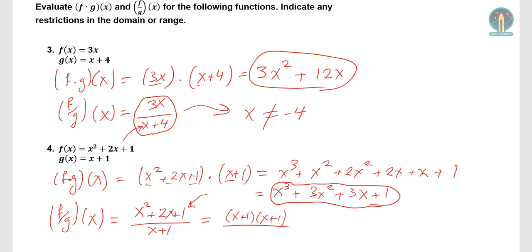Right? Because if we go back from these two factors back here, we end up with x times x is x squared, 1 times 1 is 1, and then plus 1x plus 1x is plus 2x, so this is good. Okay? And then the denominator is still x plus 1.